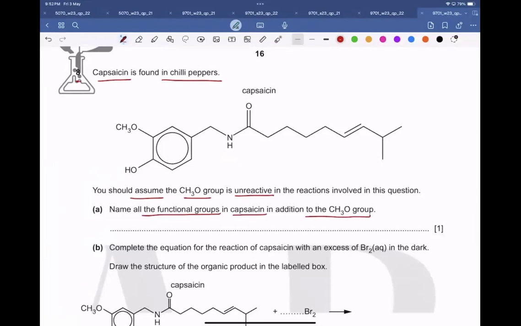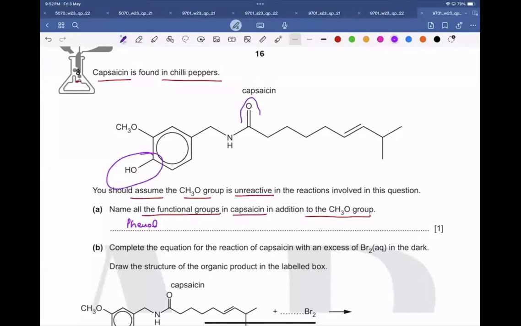Okay. So if we talk about the CH3O group, in addition, there is no need to put this one. The OH group is bonded to a benzene ring, so it means it's a phenol. This one.